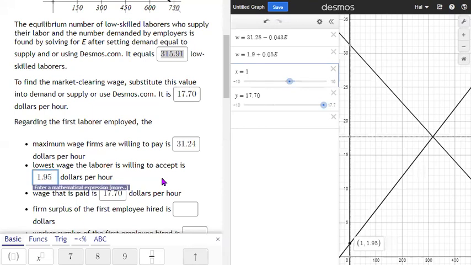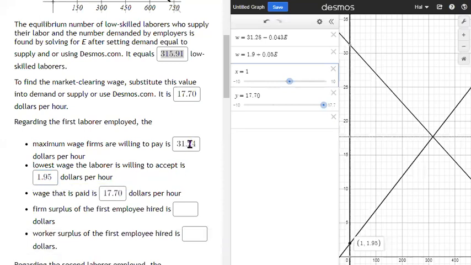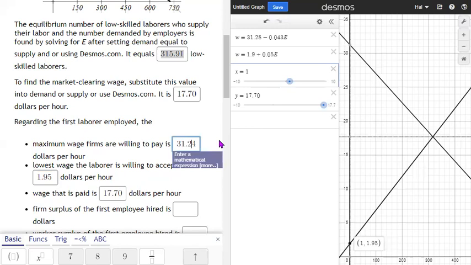So maybe this person is in that situation and has 10 kids to feed. They're willing to take the job for $1.95. Now, in either case, whether the firm's willing to pay that first employee hired $31.24, that most desperate of workers is willing to do the job for $1.95.